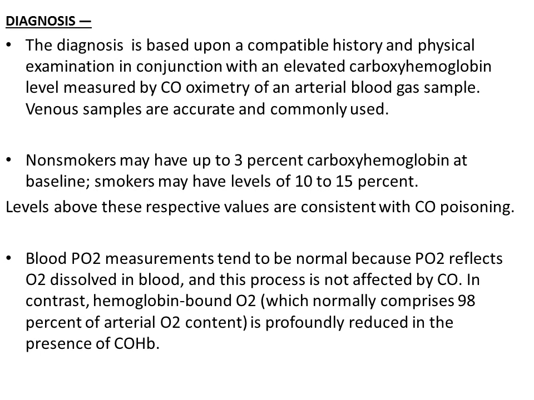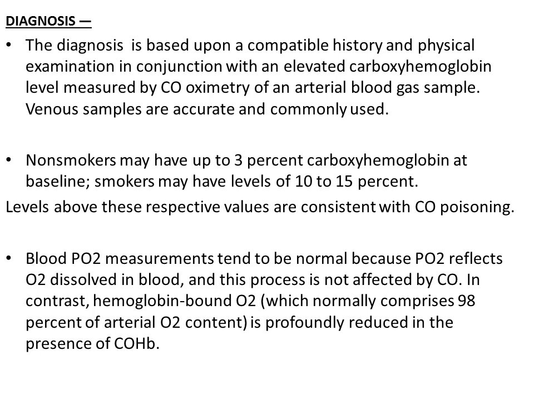Arterial blood gas here is mandatory, but sometimes you can rely on venous samples as they are accurate enough as the arterial one. Non-smokers might have up to 3% carboxyhemoglobin in their blood, while smokers might have higher levels, and the threshold for the diagnosis would be higher, up to 10 to 15%.